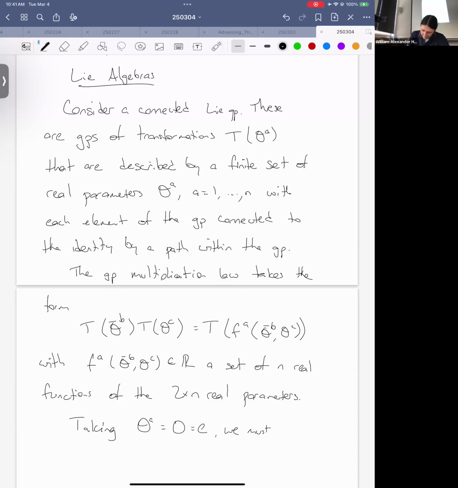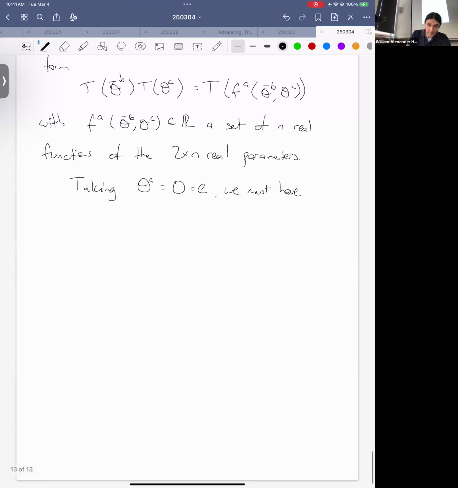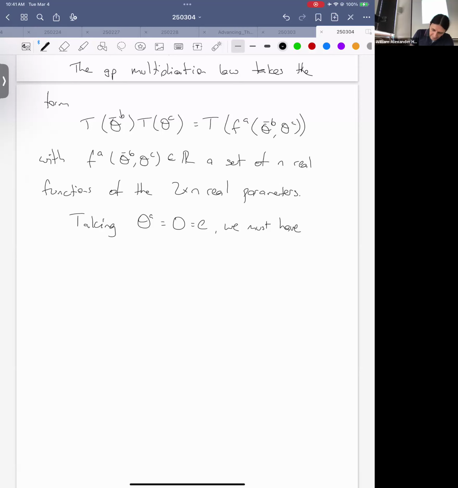We must have that f^A of theta bar B, 0 must be equal to theta bar A. And f^A of 0, theta C must be equal to theta A. What do I mean by this?